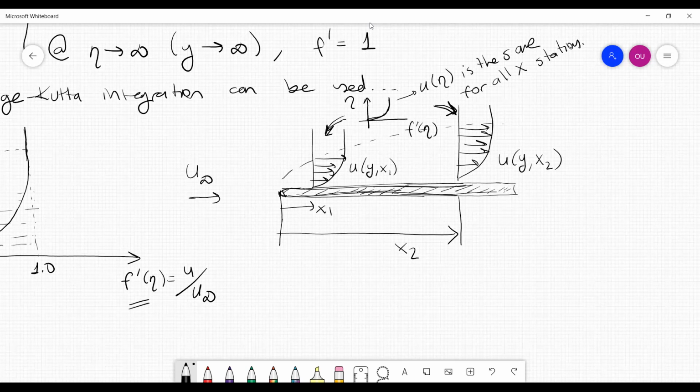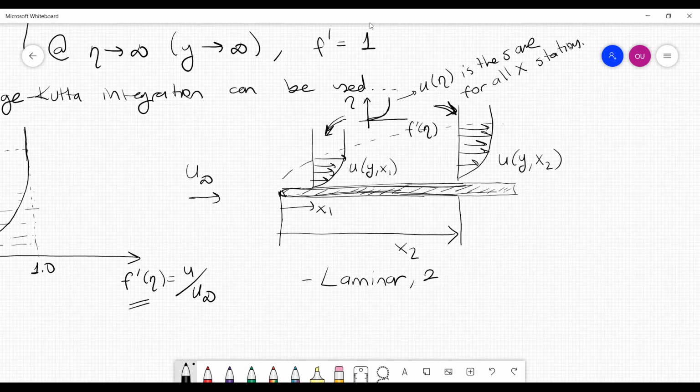Again, this is valid under the assumption of the Blasius solution, meaning that we have a steady two-dimensional flow, dp dx is zero, a zero pressure gradient, and it's laminar flow. So let's write them down again. Laminar flow, there's no turbulence involved.